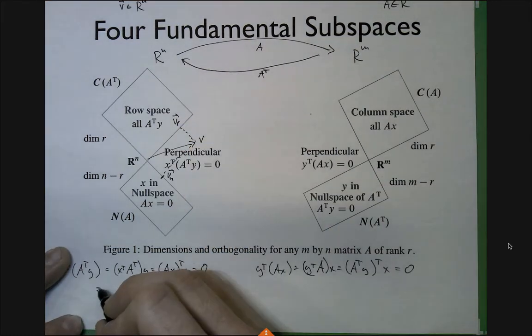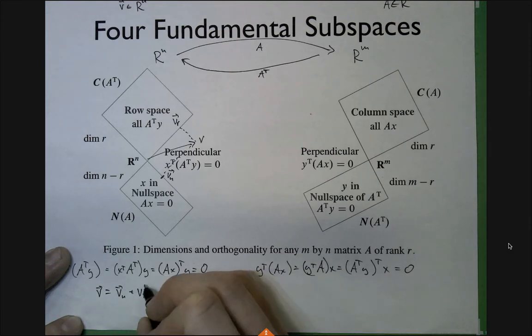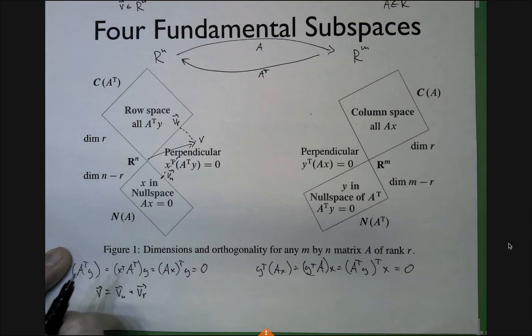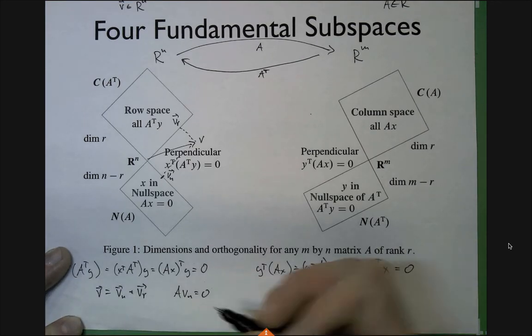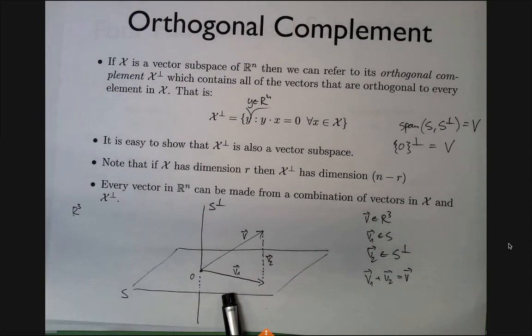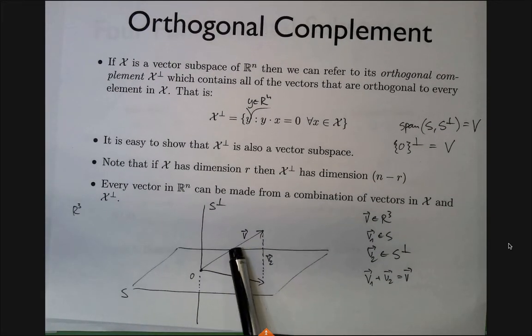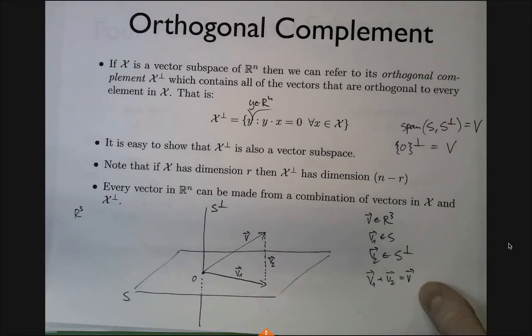So my v splits into V_n plus V_r, where V_n is in the null space, so that means that A V_n is 0, right? That's this picture just in higher dimension. If I take any vector in the space, I can split it in two components, one in the subspace, one in the orthogonal complement of it, okay?